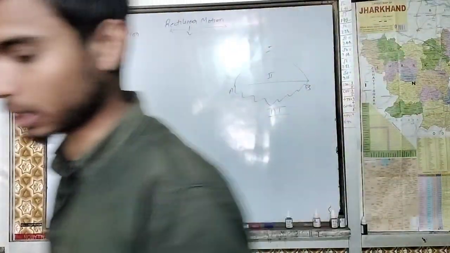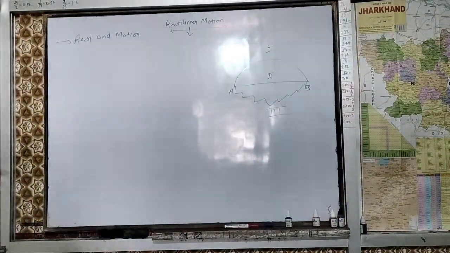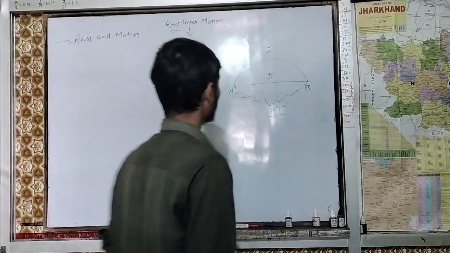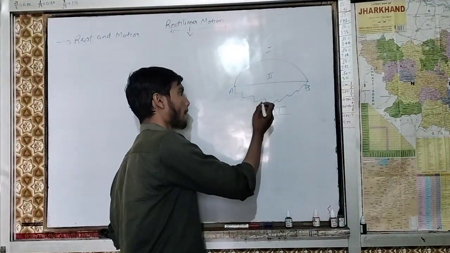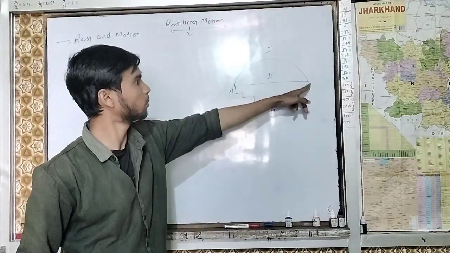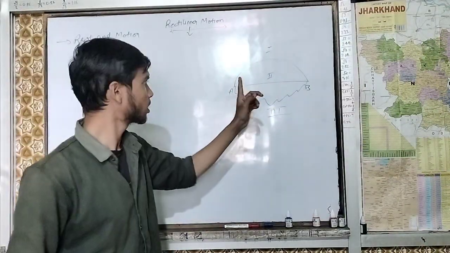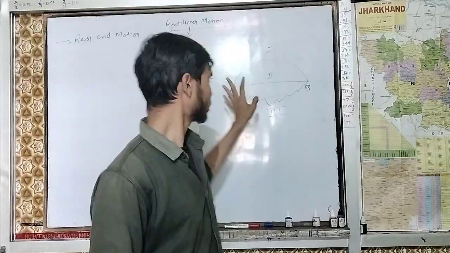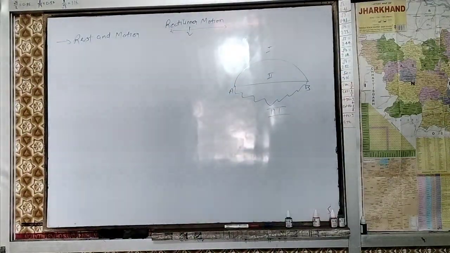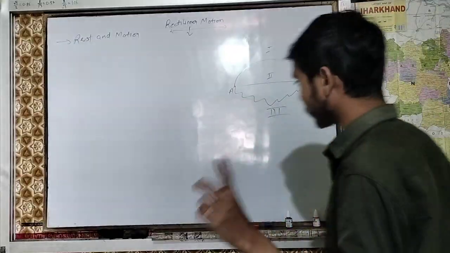That is what is happening in this figure. So here you can see distance. This curve from A to B is also distance. This AB is also distance, and this zigzag curve is also distance.